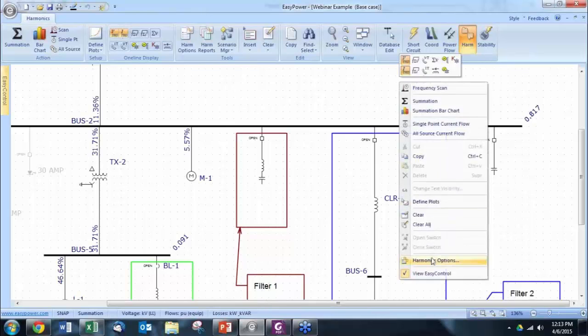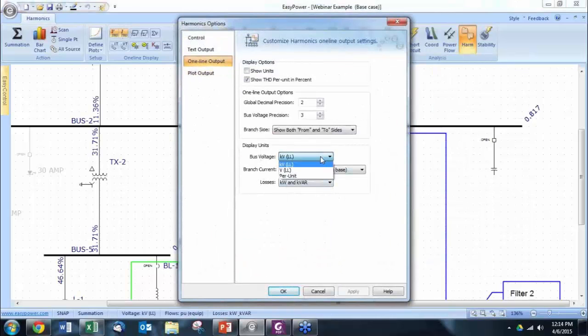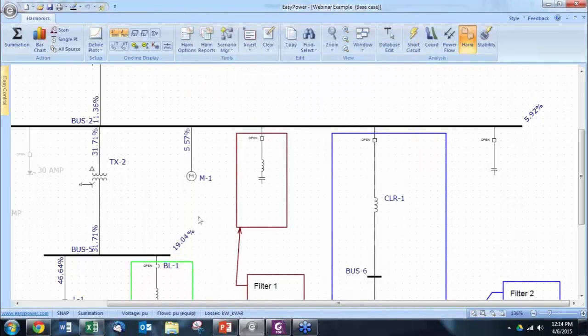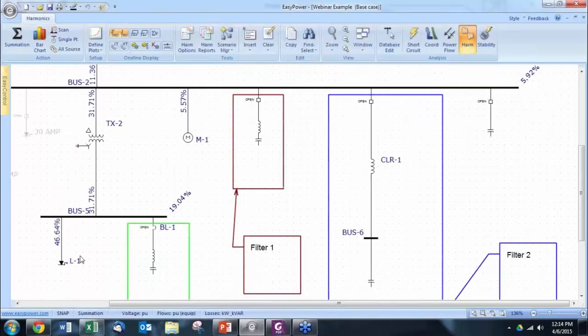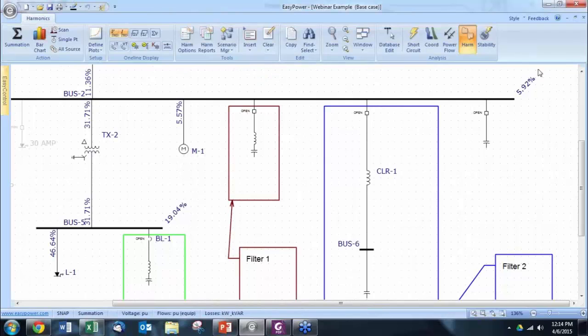Now, I'm sorry. There it is. Now, we have some voltage distortion in the low voltage bus, which is to be expected because it's where the most harmonic load is. We have some harmonic distortion on the medium voltage bus. And that's it.